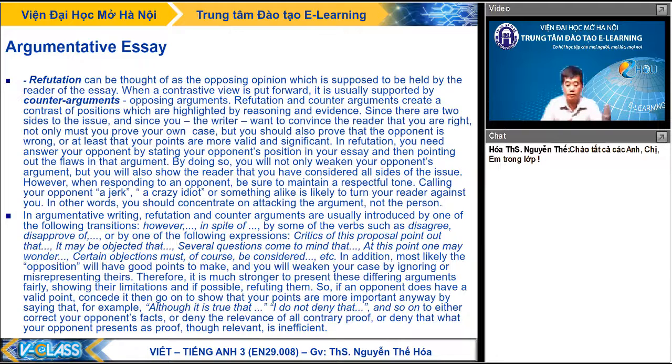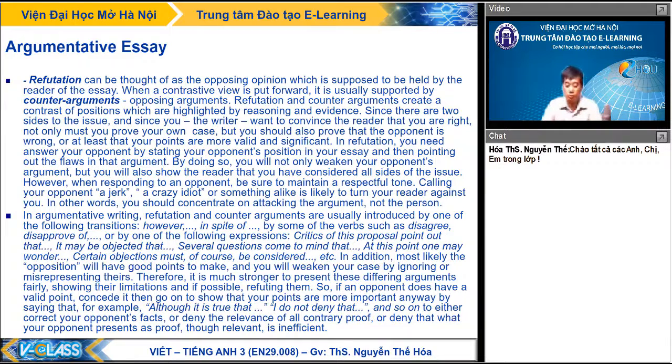Refutation and counter-argument create a contrast or opposition which are highlighted by reasoning and evidence. Since there are two sides to the issue, in writing an argument essay, refutation is a counter-argument. They are easily introduced by one of the following transitions.